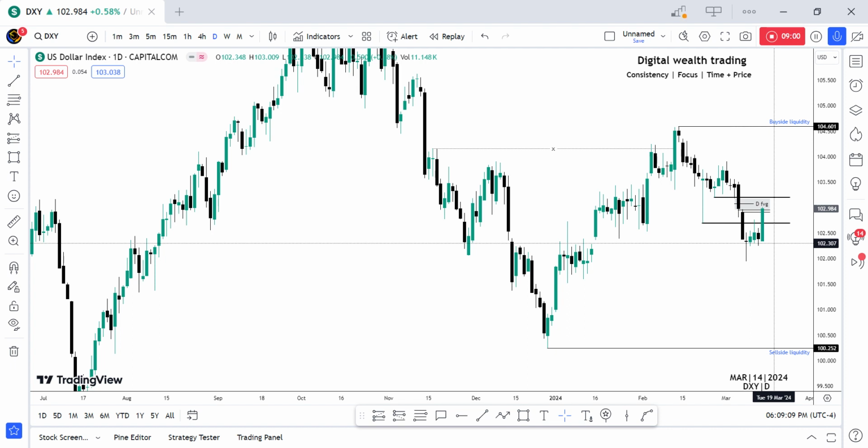Because there are so many things in my entry model that did not come up. So I do not engage in price today because I did not see a reason why. And although there is a news event, consumer price index, I don't know, but it's not the main CPI.